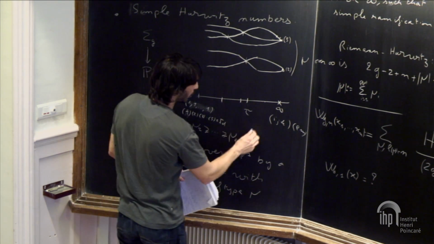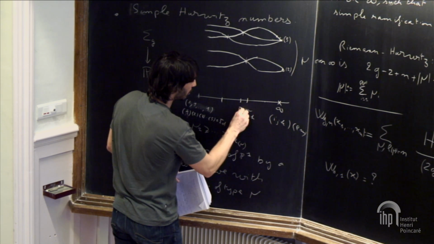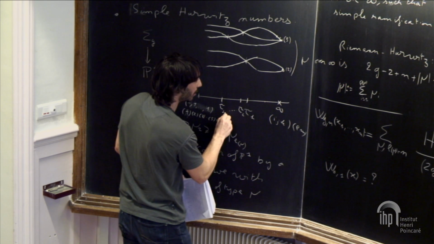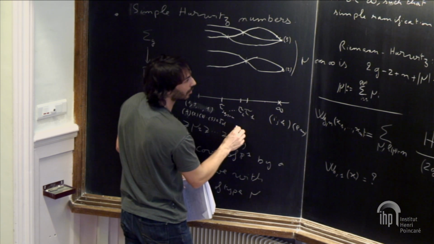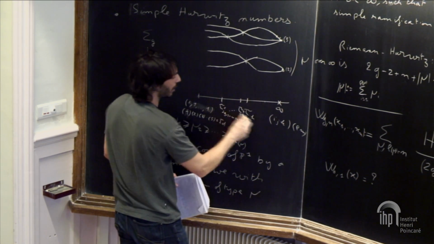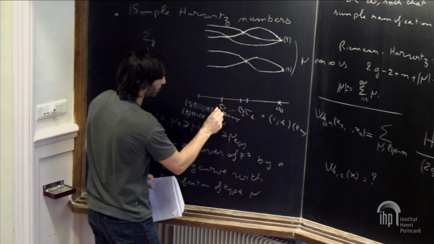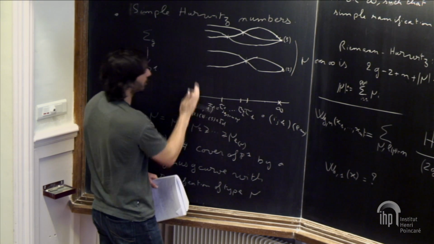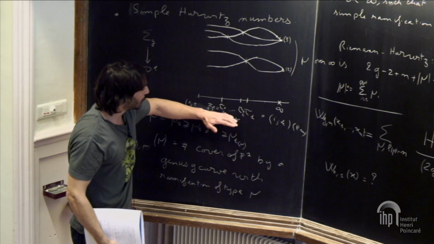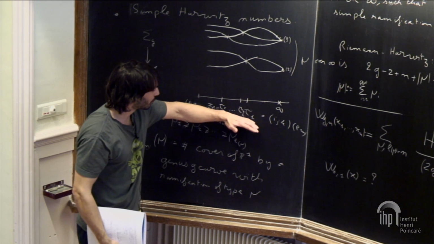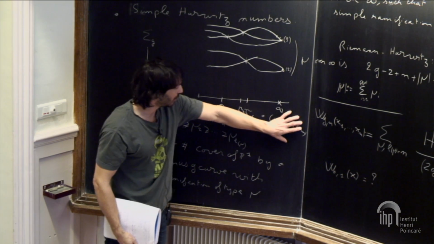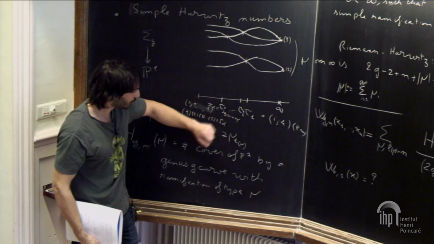So you're looking for a sequence of transpositions, tau 1, tau 2, up to tau 2g minus 2 plus n plus mu, such that when you compose them this way, the composition is equal to the identity, which is the profile above 0. So you can associate a problem of enumeration of factorizations of a given permutation into transpositions.